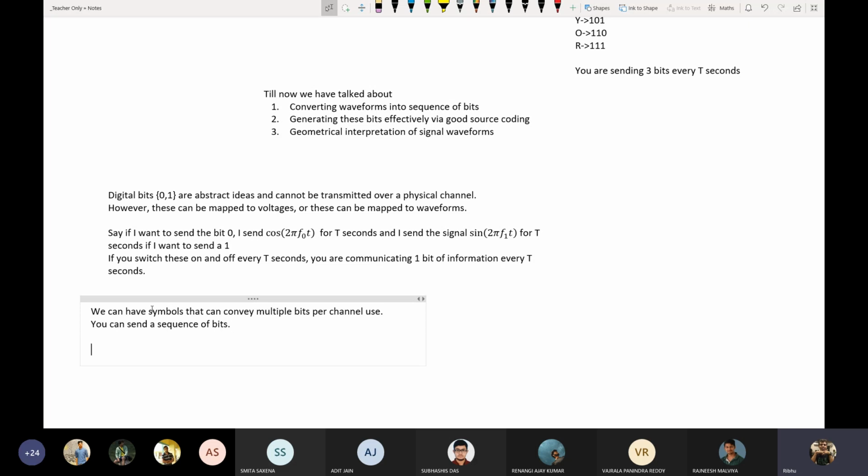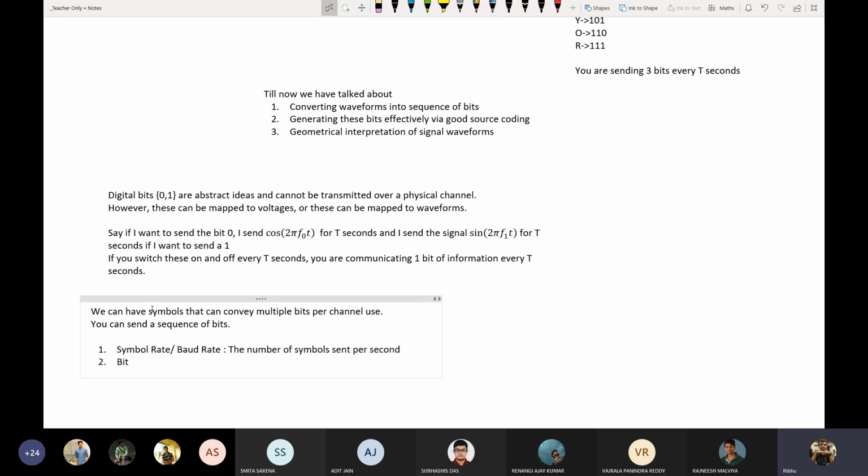So now we define two things. One, symbol rate or baud rate: the number of symbols sent per second.